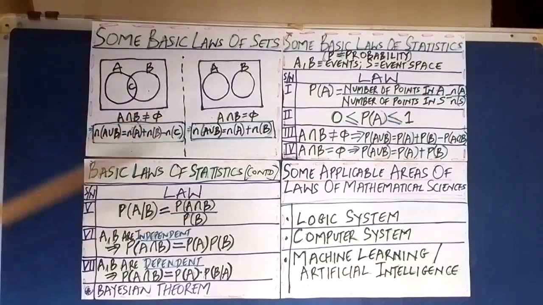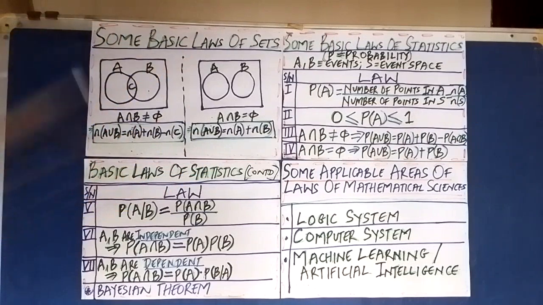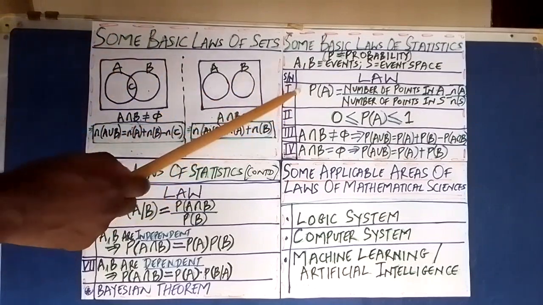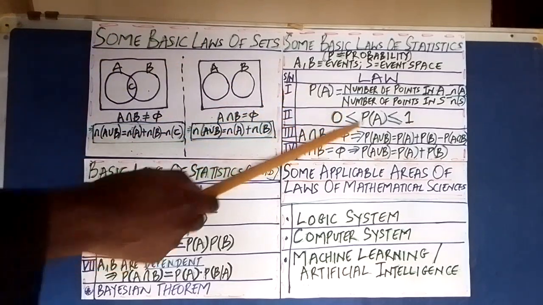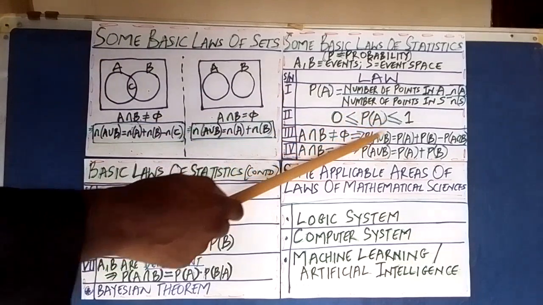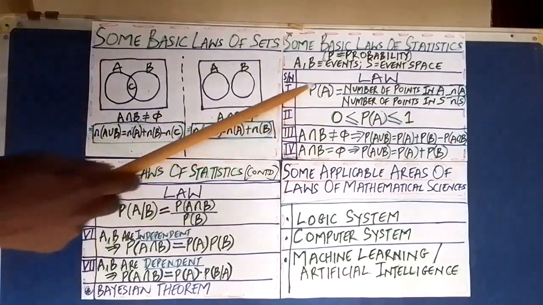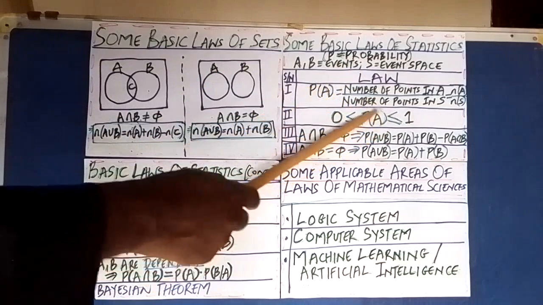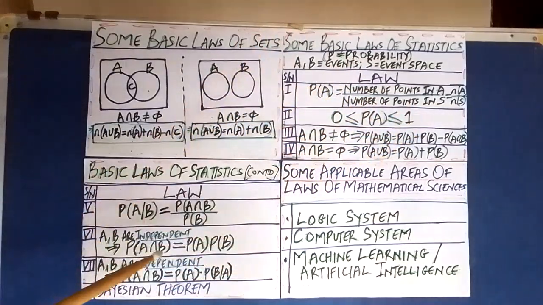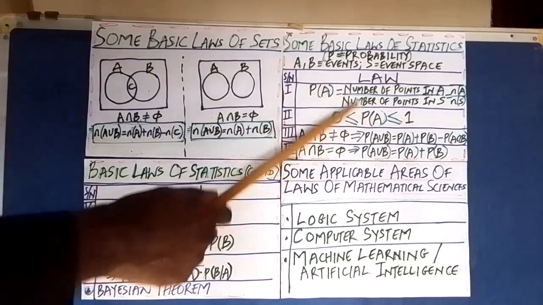And when you say it's a law, you can always prove it and it always obeys the rules. The second one, we are saying that 0 is less than or equal to P(A), which is less than or equal to 1. What we are saying is that the maximum value that the probability of A can attain is 1, and the minimum value that it can attain is 0.